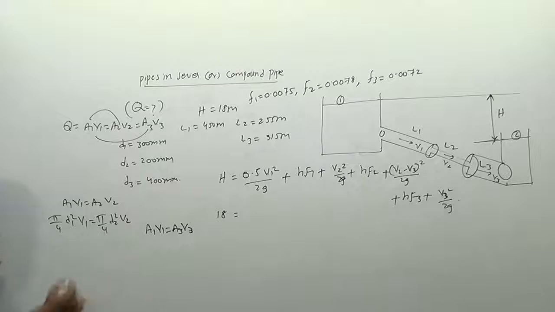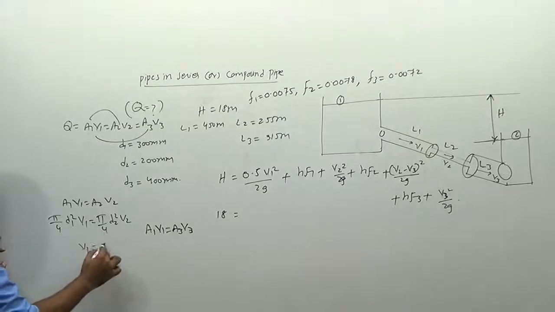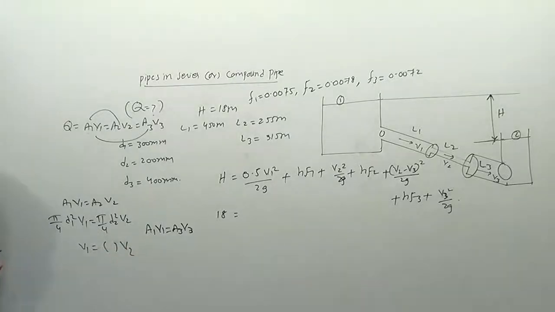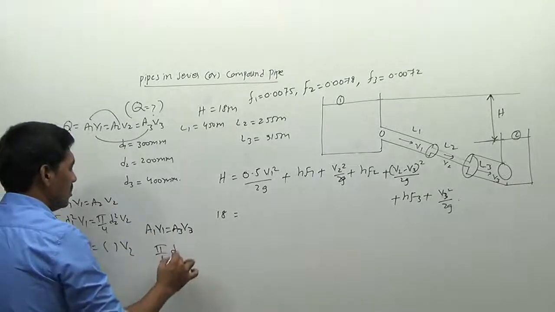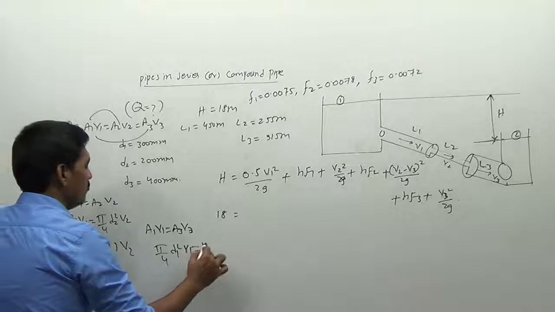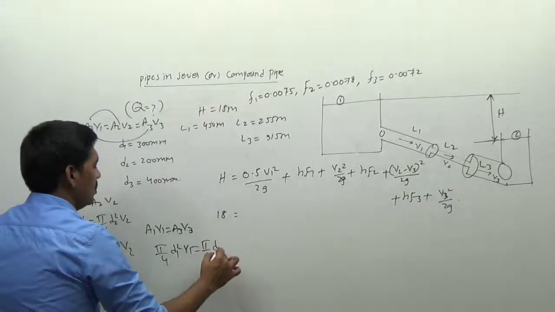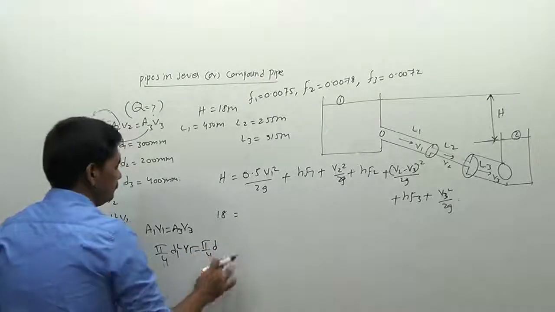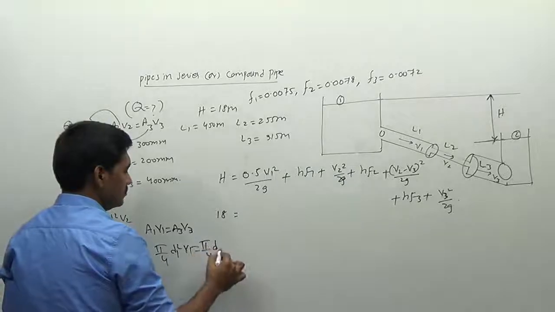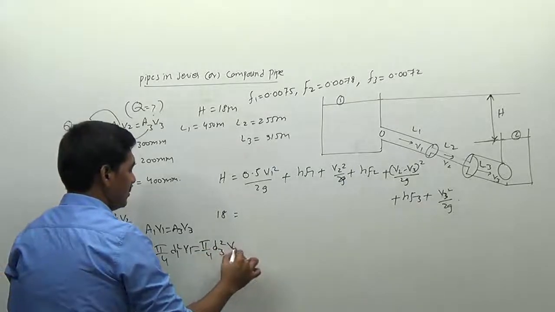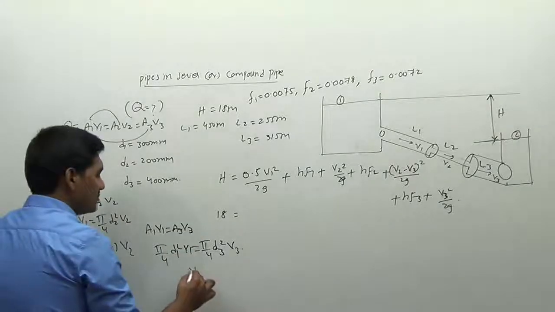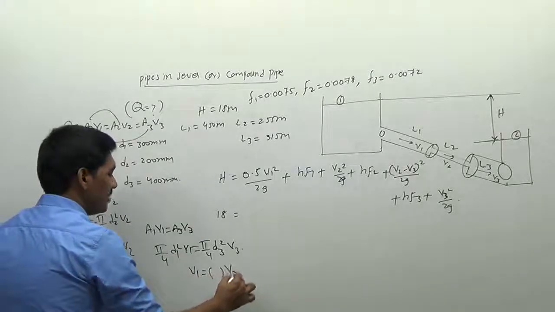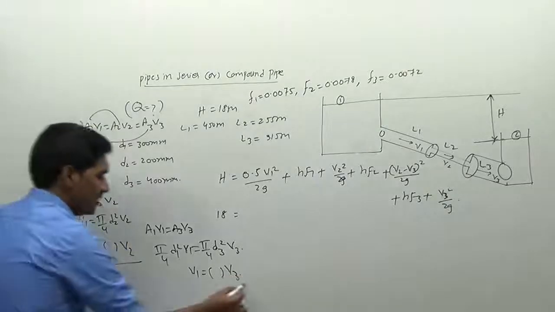So you will get V1 in terms of V2. Similarly, pi by 4 into D1 square into V1 is equal to pi by 4 into D3 square into V3. Therefore, we can get the relationship between V1 and V3. We can get these two relations.